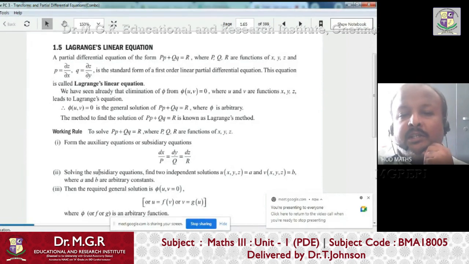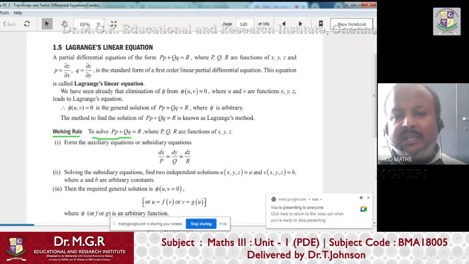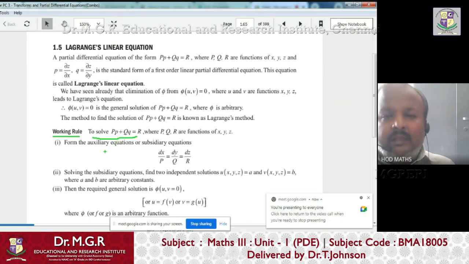So now I'll teach you how to solve this PDE, which is of the form Pp plus Qq equals R. For that there is a standard working rule. Whenever you identify a PDE of this form, you can solve it by rewriting the PDE in this form.